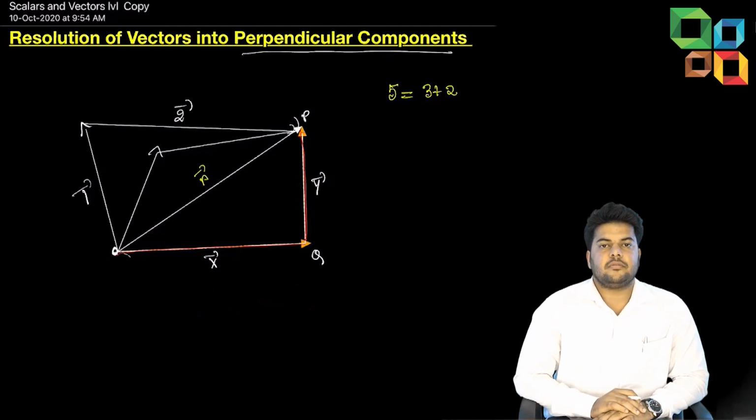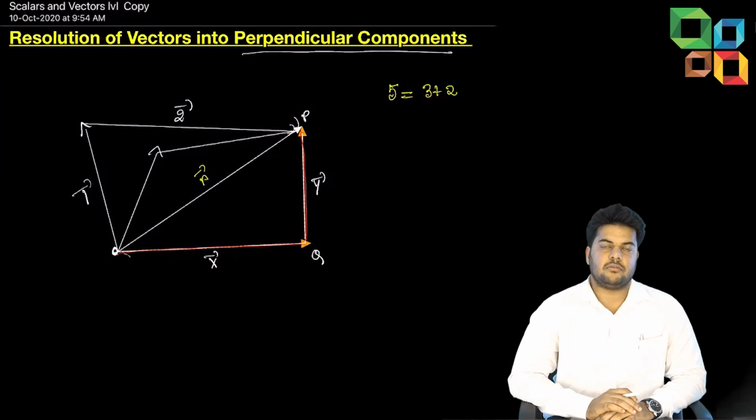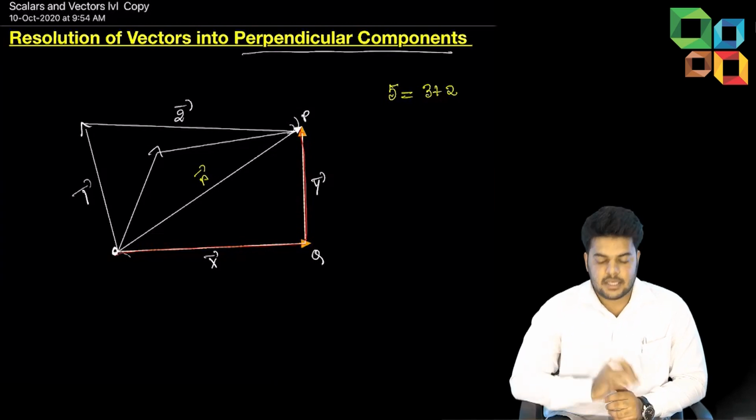You could do that, isn't it? But that won't be a rectangular resolution. Now, why am I insistent that this rectangular resolution of vectors is important? You will see in a moment.